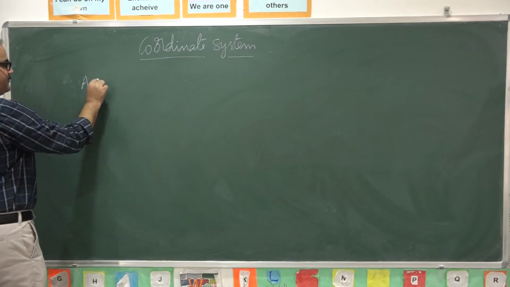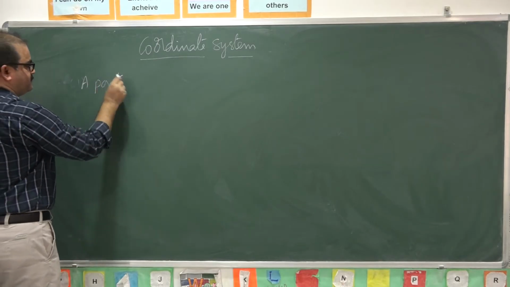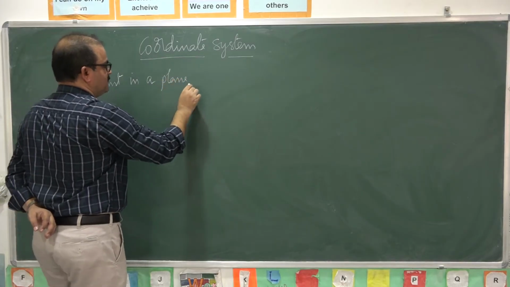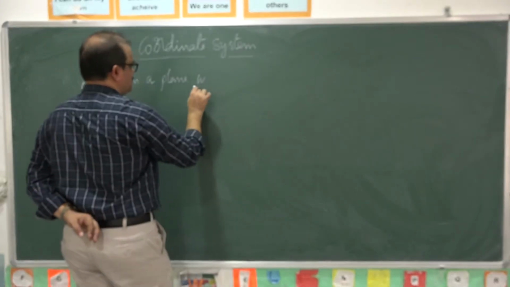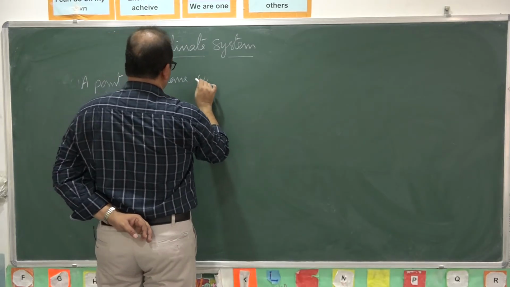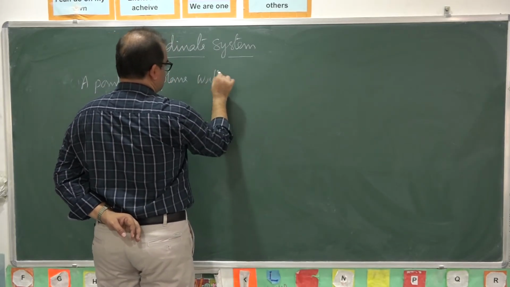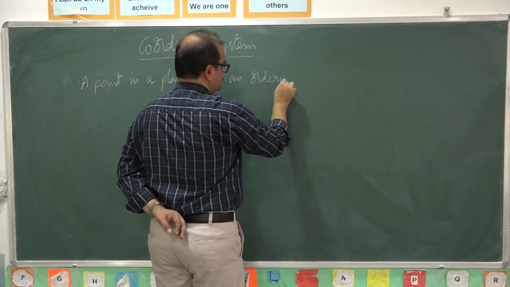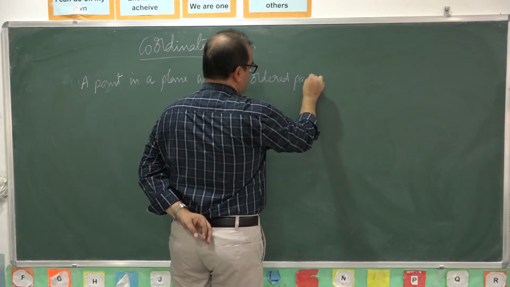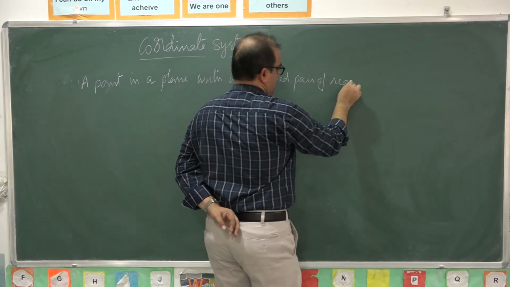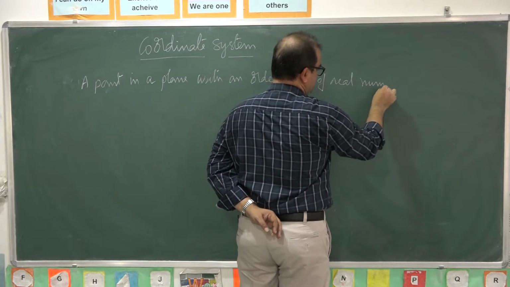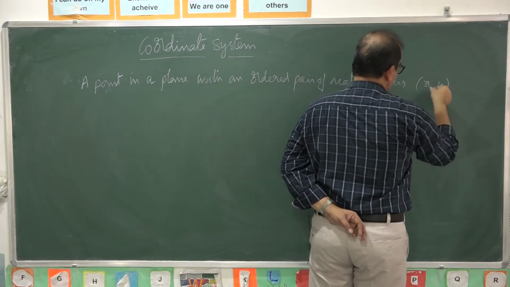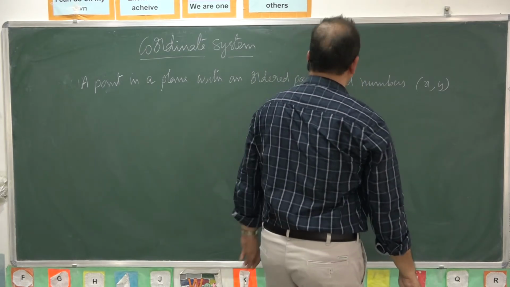A point in a plane is an ordered pair of real numbers x and y.